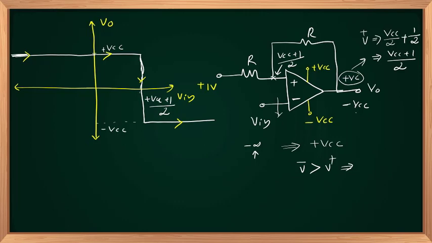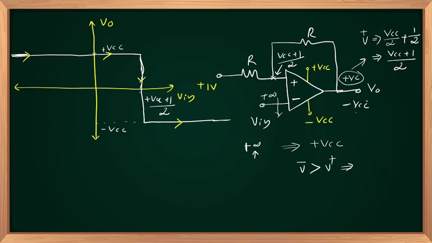Okay. So let us see the other variation. Suppose input is at positive infinity. A plus infinity at the inverting input ensures the inverting input is always greater than the non-inverting input. So output will be at minus VCC.